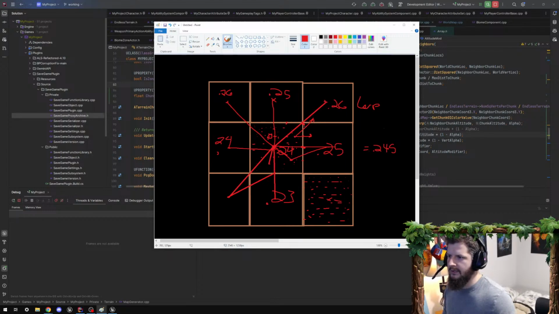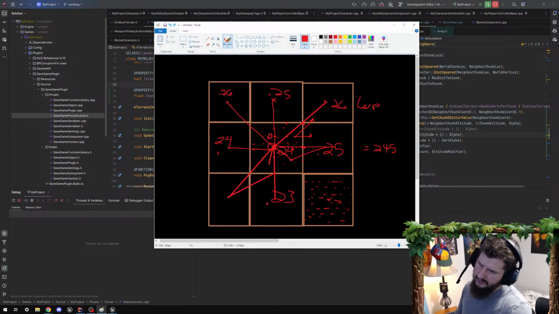Or what I can do is multiply to get me an amount of this that I want. And so this would be 0.5 of the total, because I divide by the total distance from the chunk. So from here to here, that's what that line is.